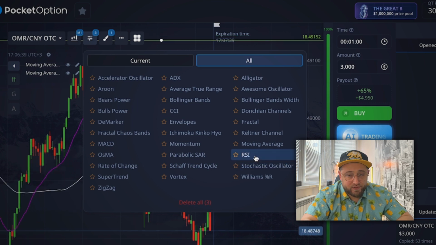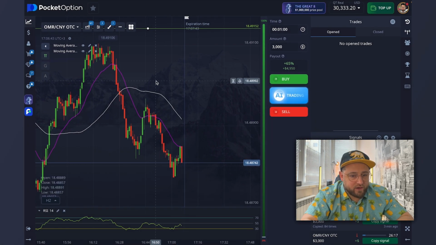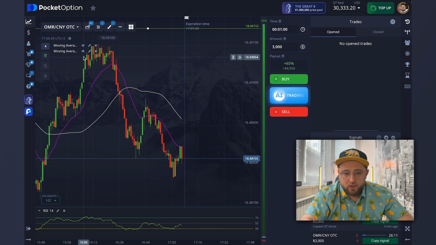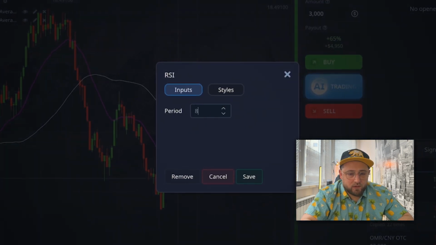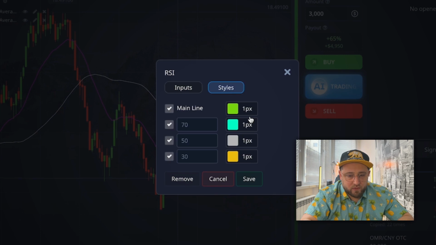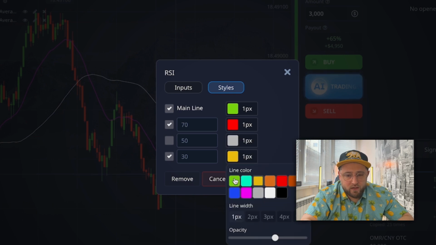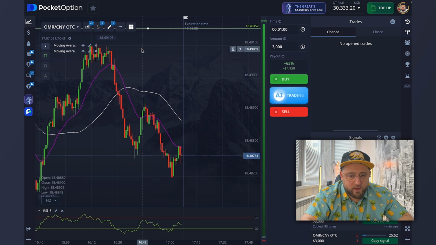My personal setting for this indicator is to change the period to 8. Okay. Let's change the period. And also, my personal settings, I removed the middle line and changed the colors of the up and down lines to red and green.